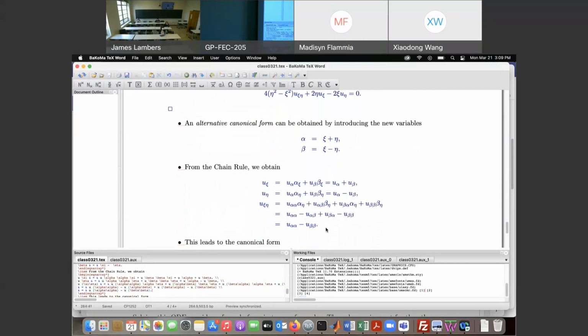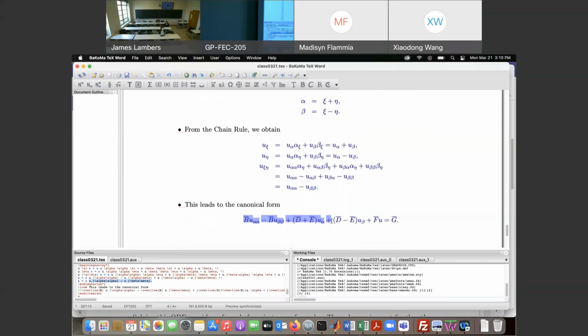Which actually makes sense because we know the importance of this kind of term in solving the wave equation. If you think of alpha as x and beta as t, this is like u xx minus u tt. Well, that's the simplest form of the wave equation, u tt equals u xx.